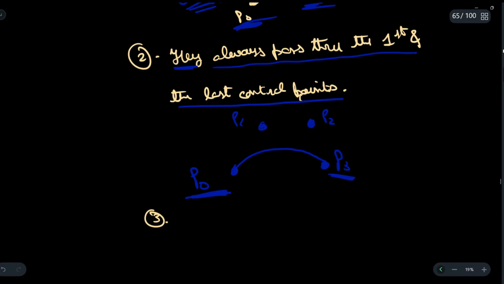Property number 3 is that they are contained inside the convex hull of their defining control points.